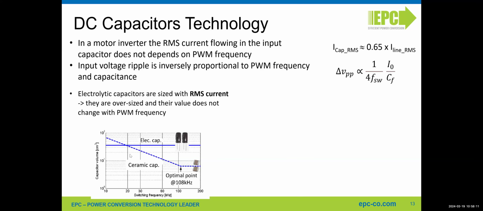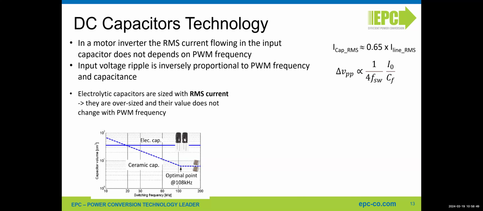Yes. So the main point is this, okay? Each of the electrolytic capacitors can deal with a certain amount of phase current. In this case, I need to remember, it was 35... they needed two in parallel because one couldn't hold the RMS current.